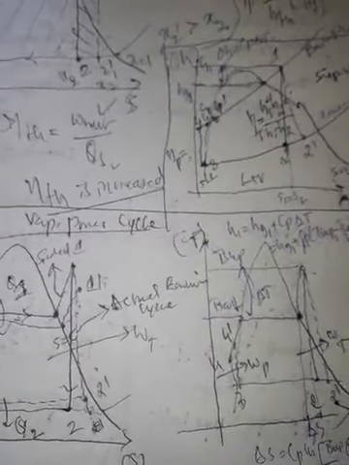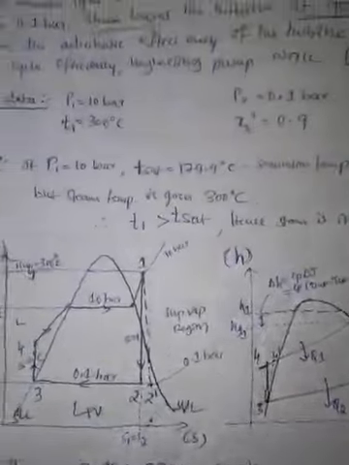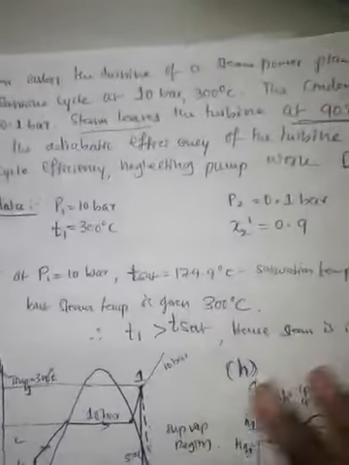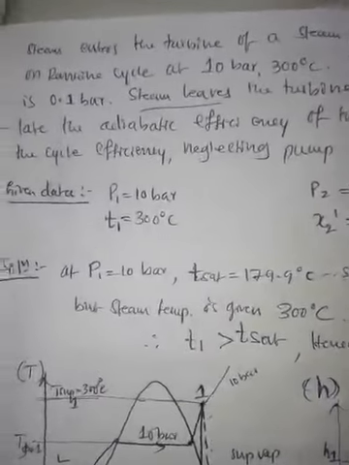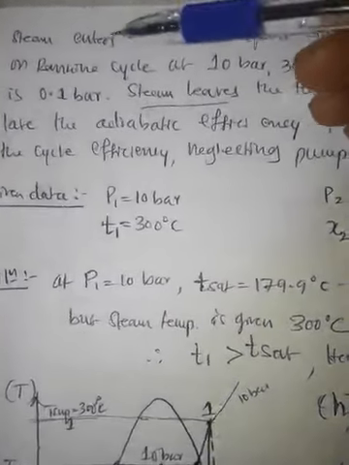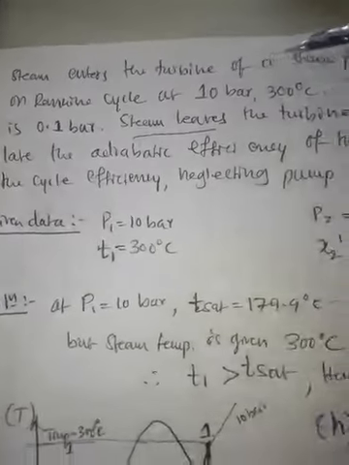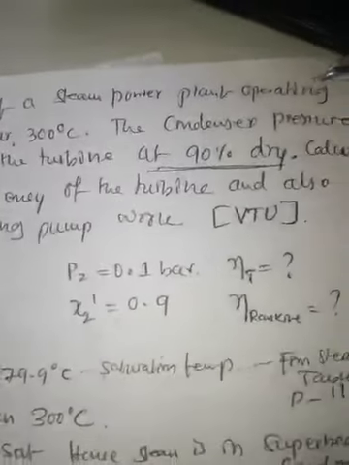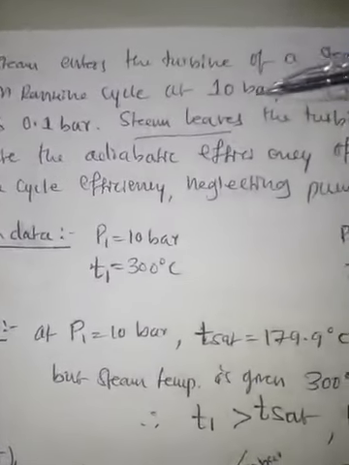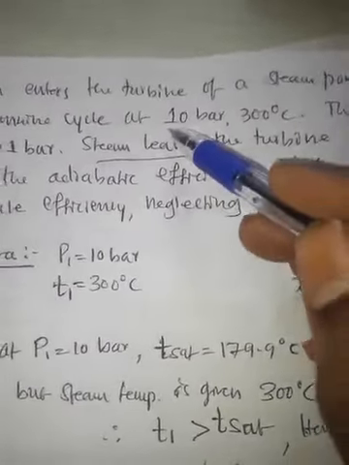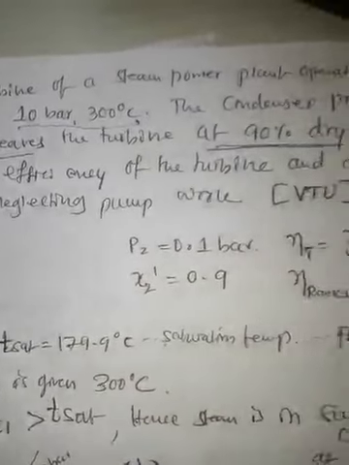Now friends, let us discuss a problem on actual vapor power cycle. Let me read the problem, actual vapor power cycle, numerical. Steam enters the turbine of a steam power plant operating on Rankine cycle at 10 bar. He has also mentioned temperature 300 degrees Celsius.